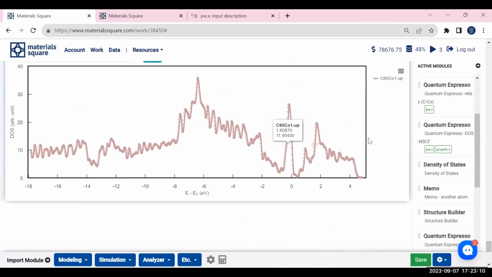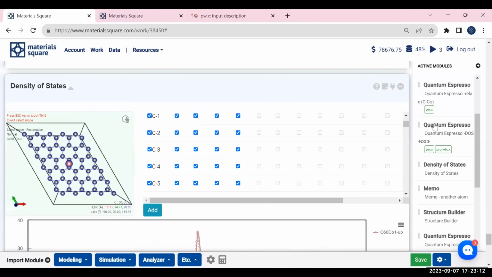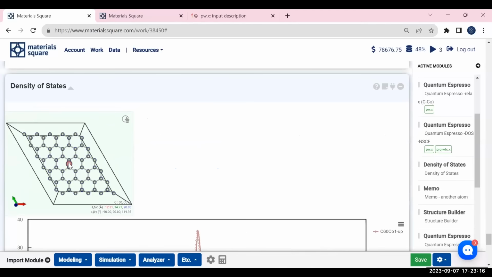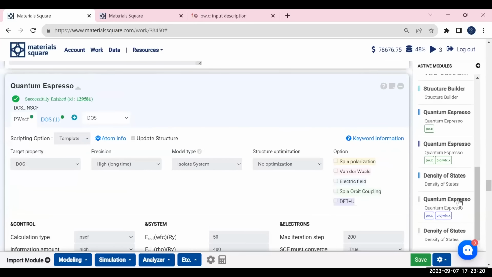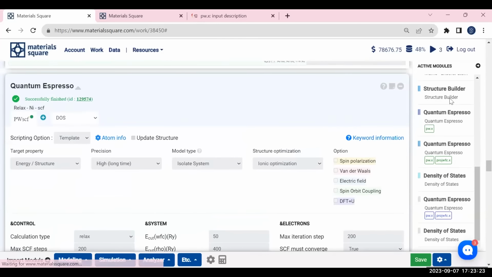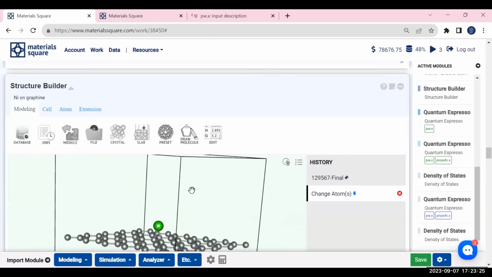However, I have not only performed the density of state for the single atom in here, okay, I have also performed it where the nickel was placed on the structure. So in here, I think, yes. I have just repeated the same step, but I placed another nickel.